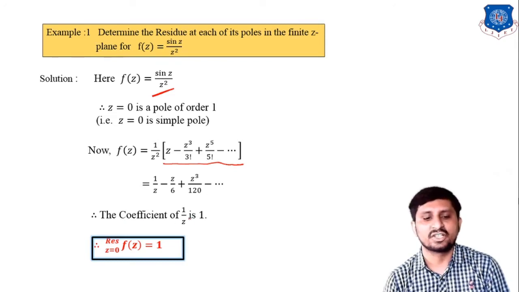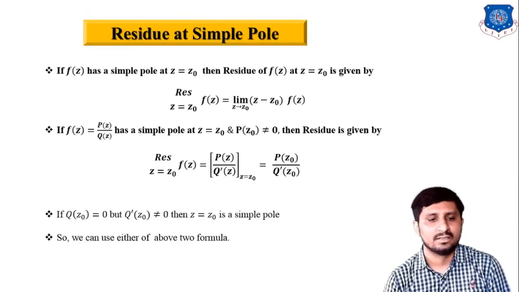So the coefficient of 1 upon z is 1 here. That's why we can easily understand that the residue of f of z at point z is equal to 0 is 1.